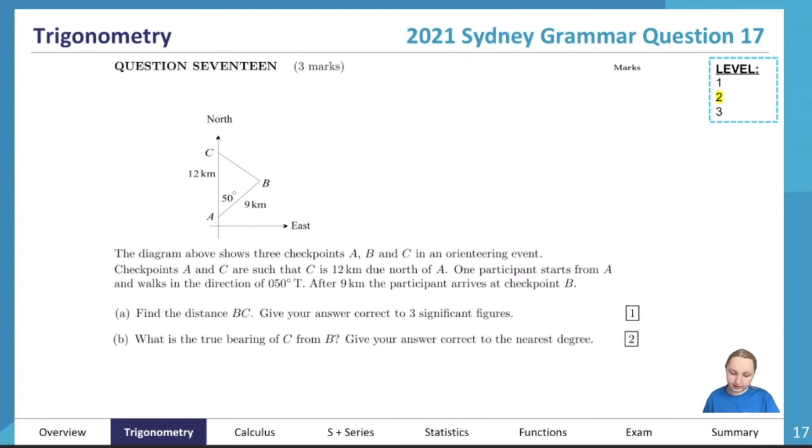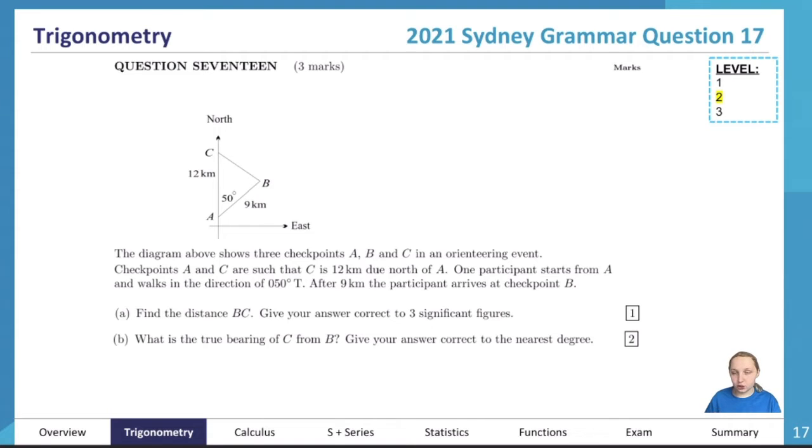After 9 kilometers, the participant arrives at checkpoint B. So for part A worth 1 mark, find the distance BC and give your answer correct to 3 significant figures. And for part B worth 2 marks, what is the true bearing of C from B? Give your answer to the nearest degree.